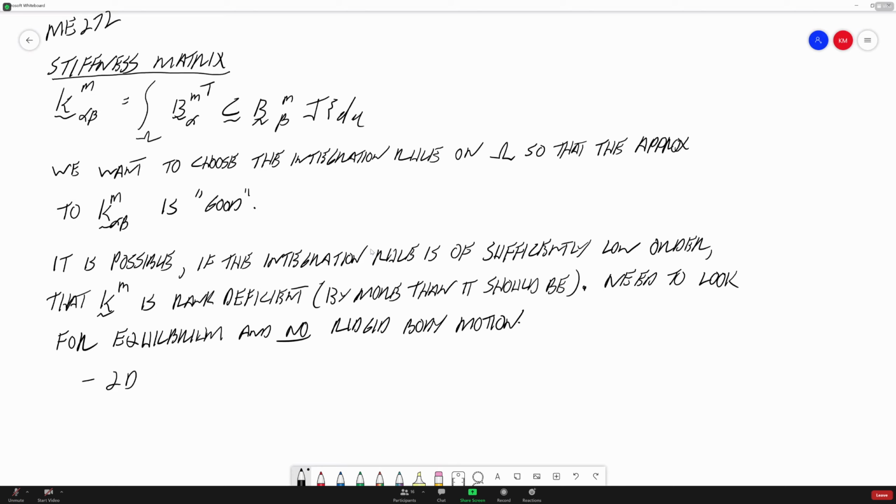In 2 dimensions, your element stiffness matrices should have rank 2 by n. So it just depends on your number of nodes.